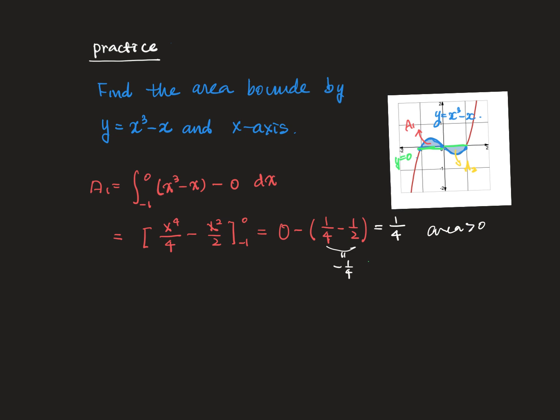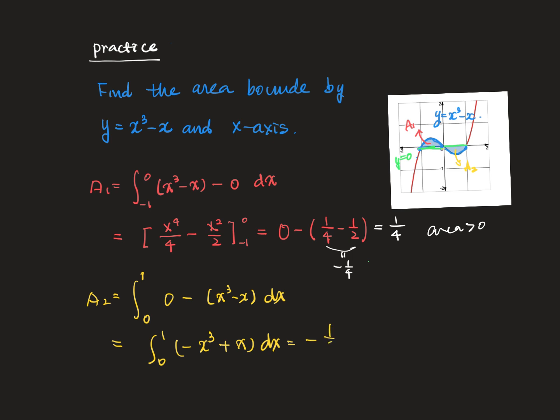The second part is A2, from 0 to 1. The upper curve is 0, minus x cubed minus x, dx. So this is the integral from 0 to 1 of negative x cubed plus x dx.